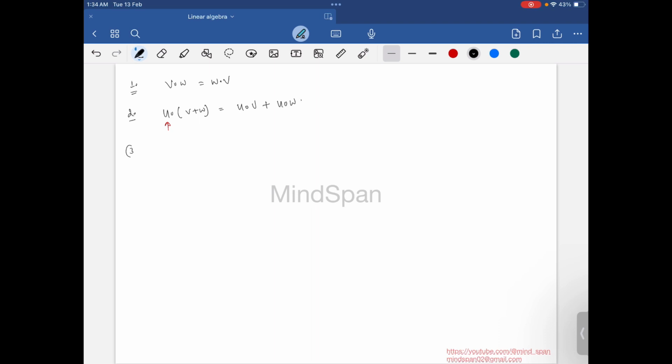And this third one is that associativity, right? So let's suppose that this c is some constant and this v is some vector, and this w, right?